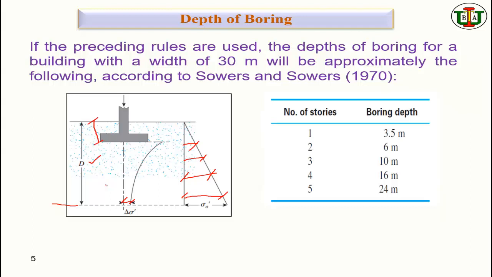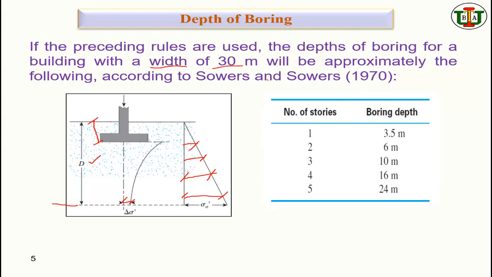Can you see the slide? First step. If the preceding rules are used, consider the depth of boring for a building with a width of 30 meters. What would be the usual length of boring?